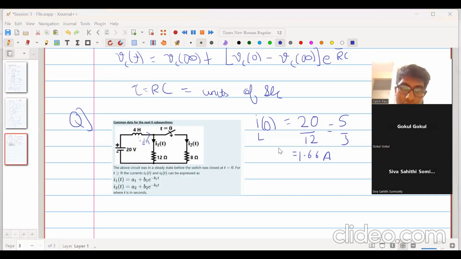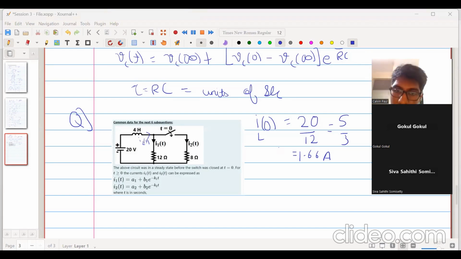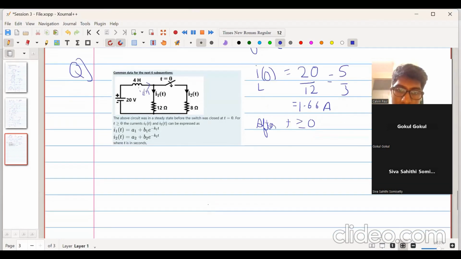Now, at time t equal to 0, the switch is closed and this resistor of 8 ohm comes into the circuit. So for t greater than or equal to 0, we will write the circuit in this form. It will be 4 Henry over here, 20 volt here, and there will be some resistor R effective.